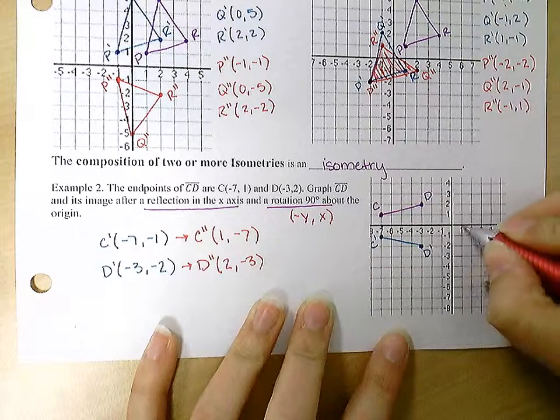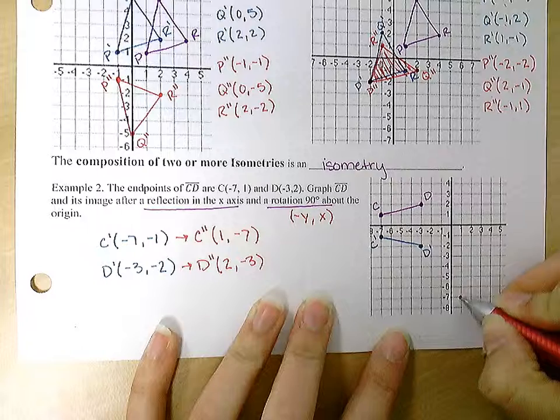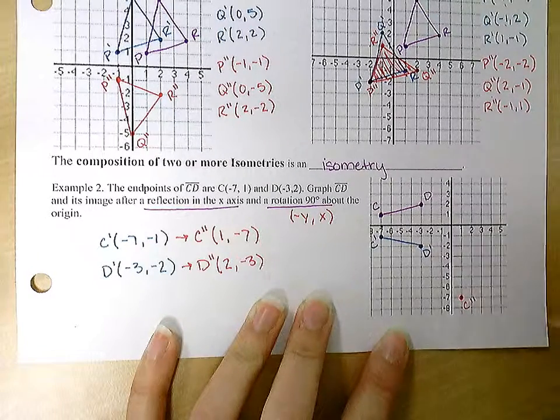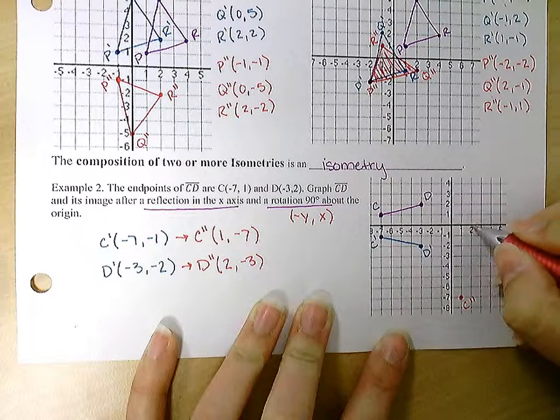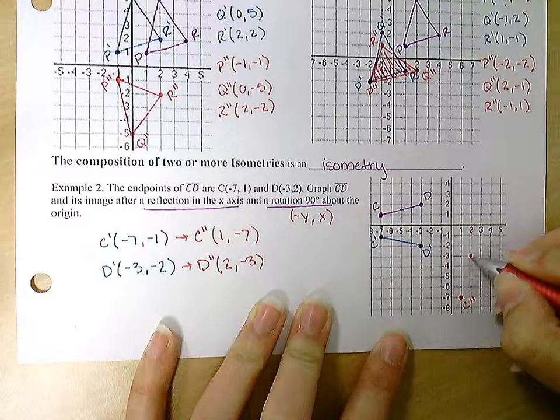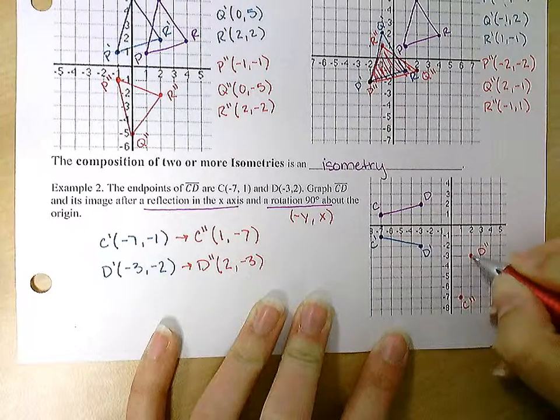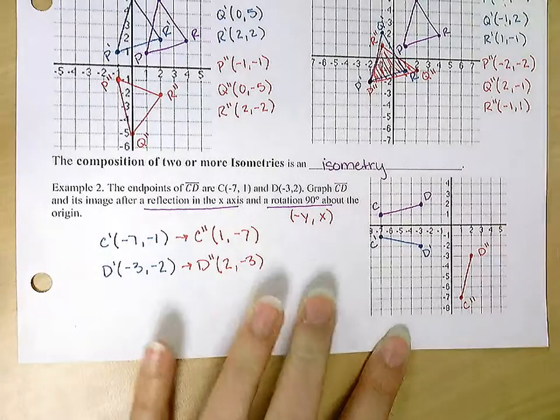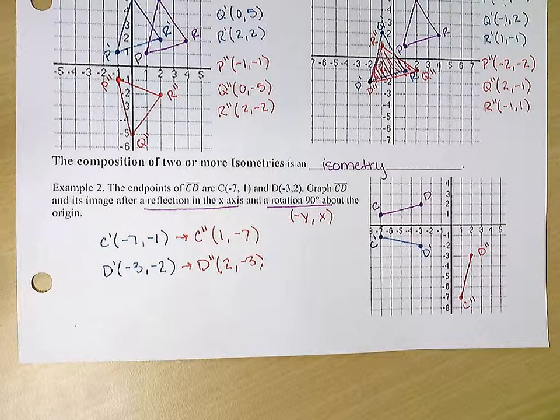C double prime is at 1, -7, and D double prime is at 2, -3. So here's my composition of transformations for example 2. First we reflected, then we rotated. Questions on example 2?